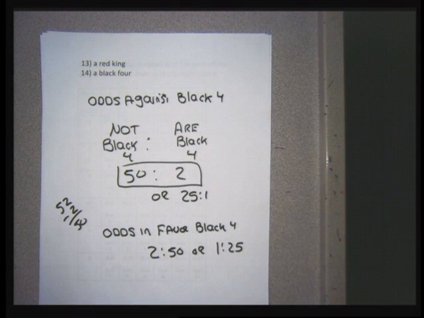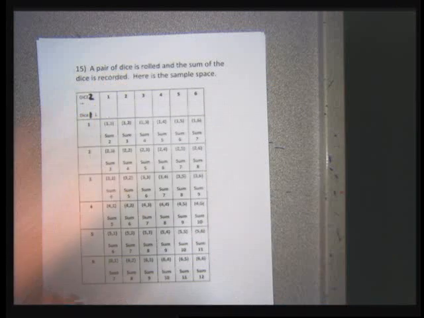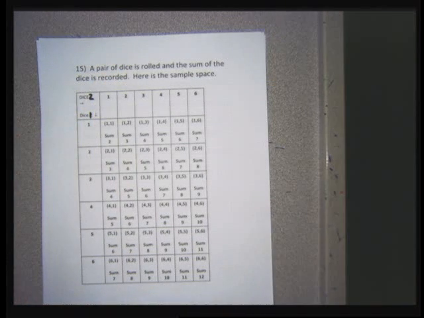Okay, so that's an important group of problems, but not as new. The odds part is new, but the sample space isn't new. The next problems are very new because we haven't got to these yet.